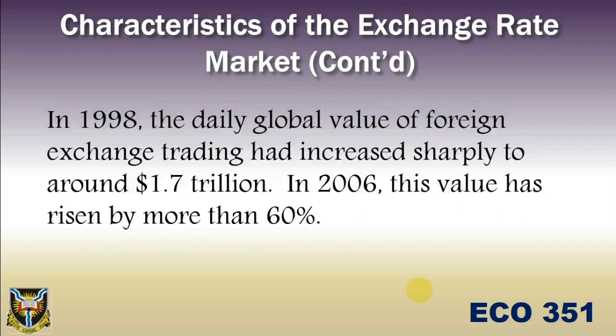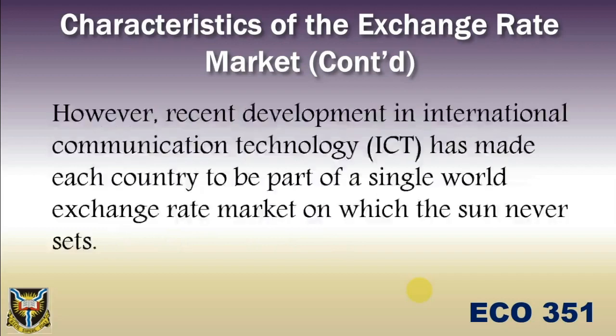In 1998, the daily global value of foreign exchange trading had increased sharply to around $1.7 trillion. In 2006, this value had risen by more than 60%. However, as from 2008, the value has declined sharply due to the impact of the global recession.